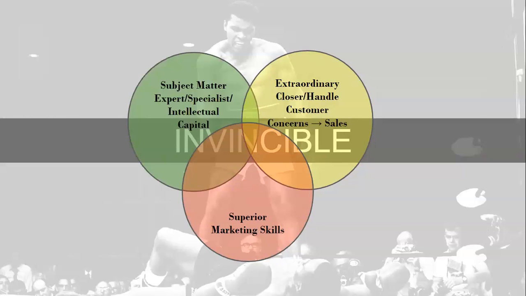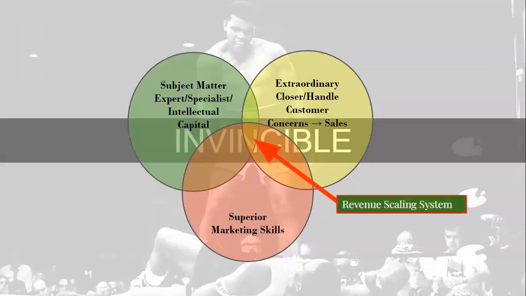So that brings me to the special sauce in this whole thing. If you have these three things handled, then you're going to need to do what's next. Click next. You're going to need to focus on what's in that middle, which is your revenue scaling system. Once you start generating some revenue with your idea, you're going to need to know how to keep this going.